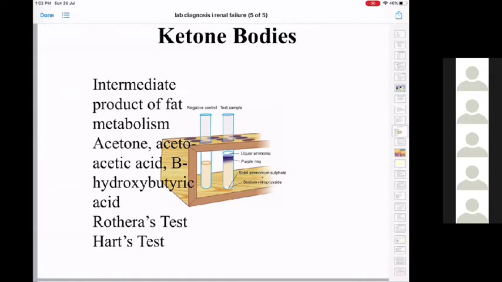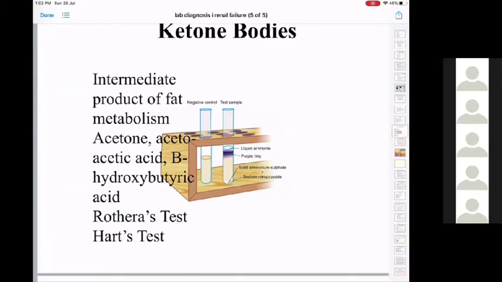Then add liquor ammonia by the side of the test tube. If ketone bodies are present in the urine, a purple color forms between the two liquids, liquor ammonia and urine mixed with sodium nitroprusside.